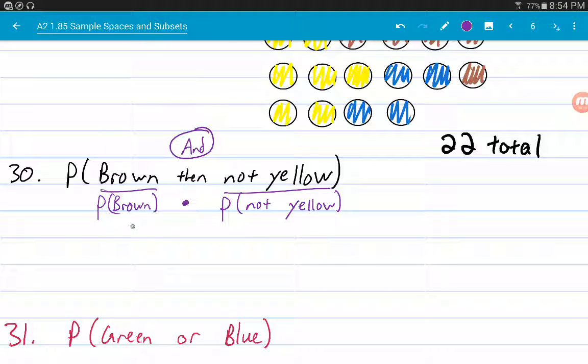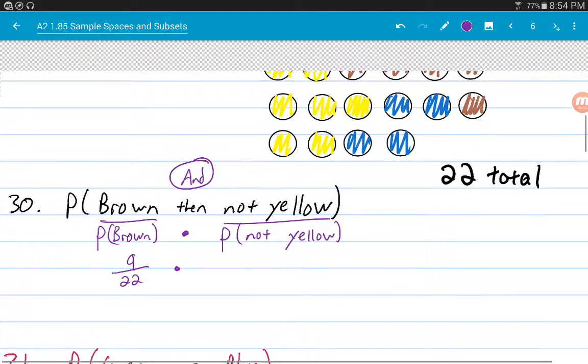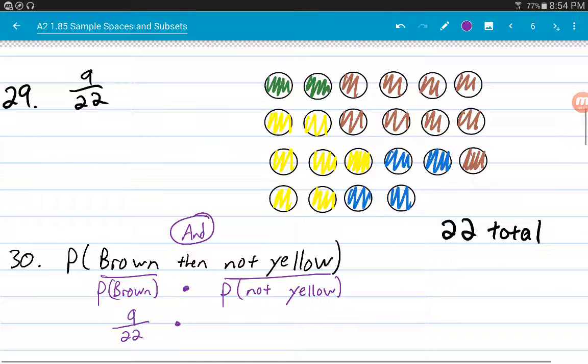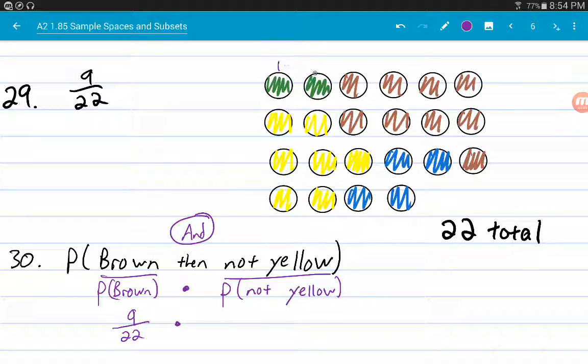So the probability of brown, we already know that. There are 9 brown out of 22 total. And the probability of not getting a yellow. So let's see. How many of these are not yellow? 1, 2, 3, 4, 5, 6, 7, 8, 9, 10, 11, 12, 13, 14, and 15.